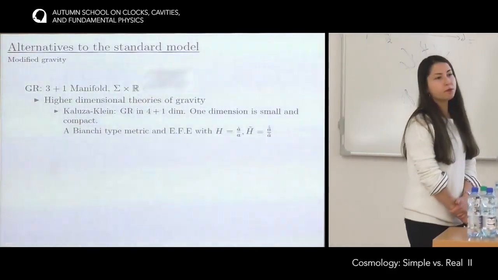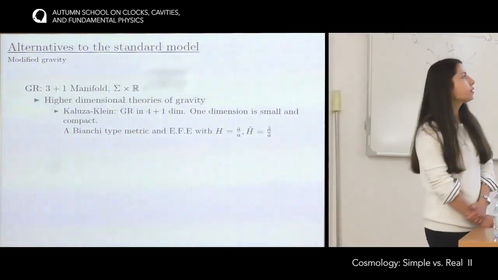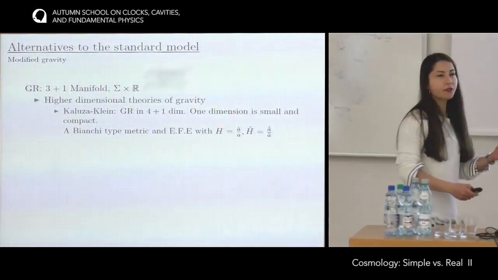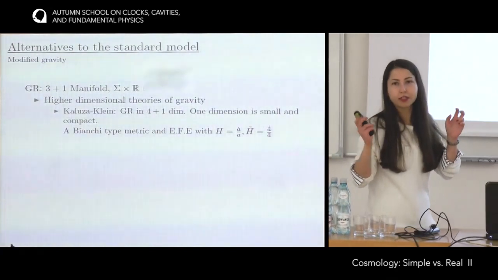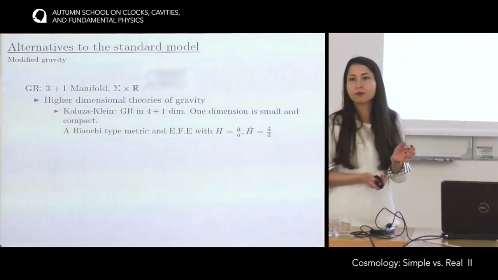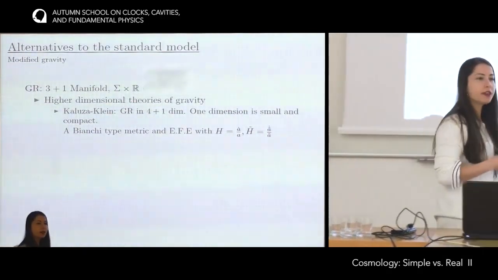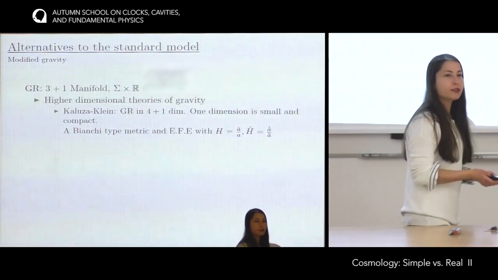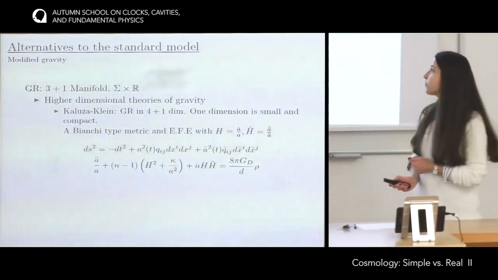Then you assume a Bianchi type metric with Einstein field equations. That is, you have a scale factor for the standard physical universe. And then remember, there's this small extra dimension. You can have another Hubble parameter, tilde H, for this extra very small dimension.